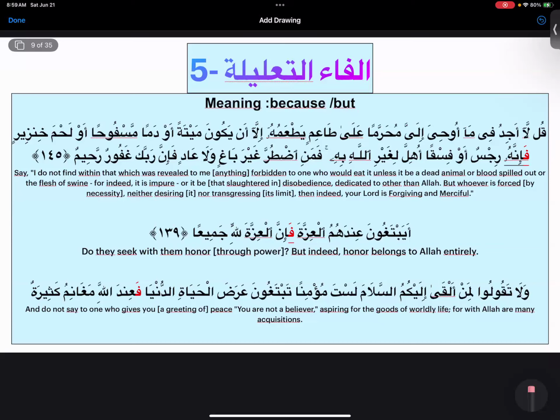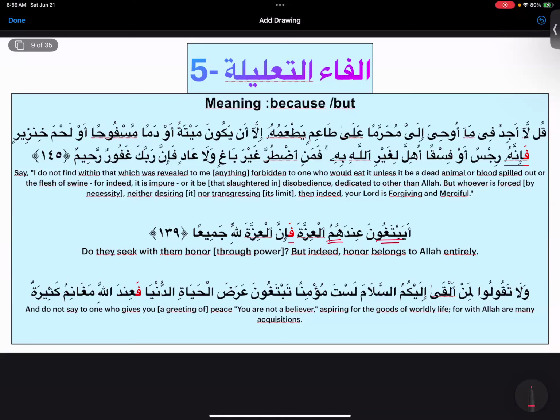So ayabtaghuna indahumul izza. Allah subhanahu wa ta'ala is saying you are looking for izza from these people. They are finding izza with them, from each other. Human beings are thinking that other human beings can give them any izza, any honor, right? And then Allah subhanahu wa ta'ala is saying, فَإِنَّ الْعِزَّةَ لِلَّهِ جَمِيعًا.